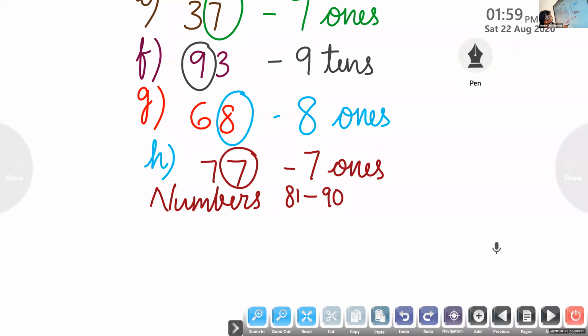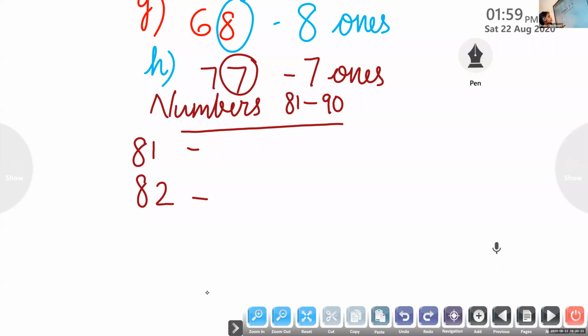So numbers 81 to 90. Then you can continue. So we have 81, then we have 82. E-I-G-H-T-Y, 81. Then you can continue up to 90.